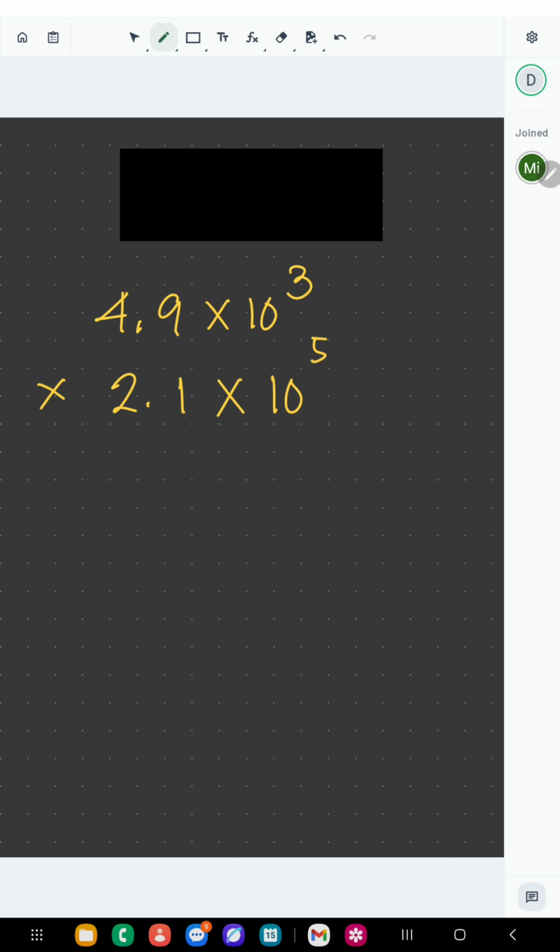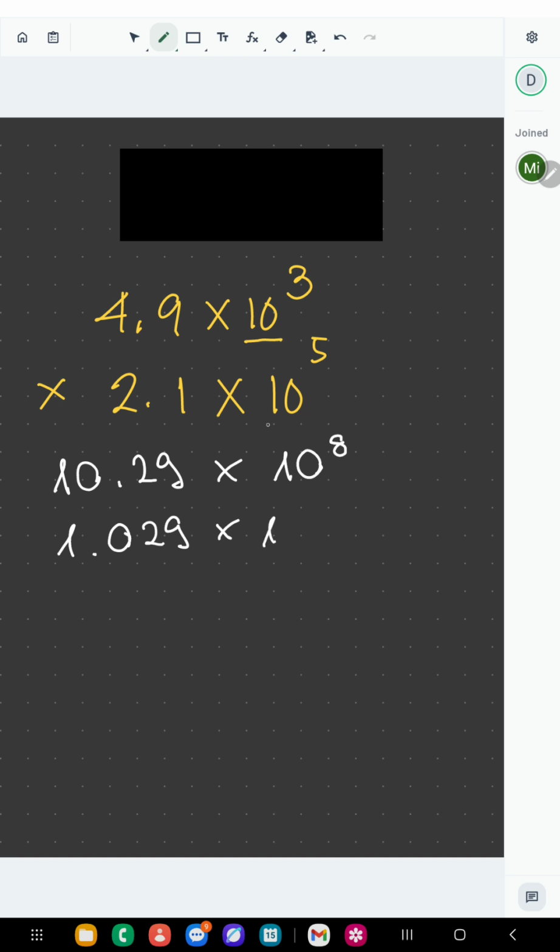You can rewrite this in standard form and then multiply them, or, when you multiply terms with the same base, you just add their exponents. Yes, that one is easier. That's all with scientific notation: multiplying and dividing, adding and subtracting.